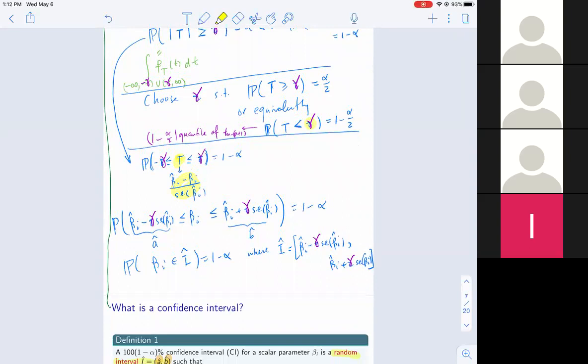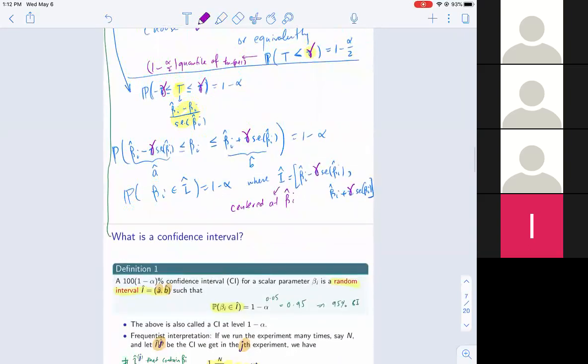The confidence interval is centered at beta hat i, the point estimate of beta i, and has length 2 gamma times the standard error of beta hat i.